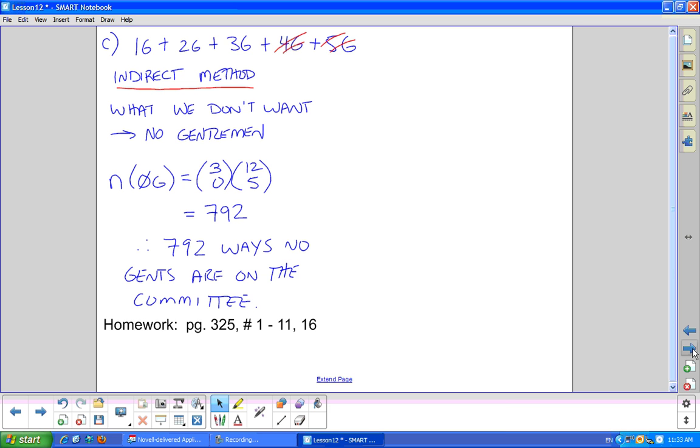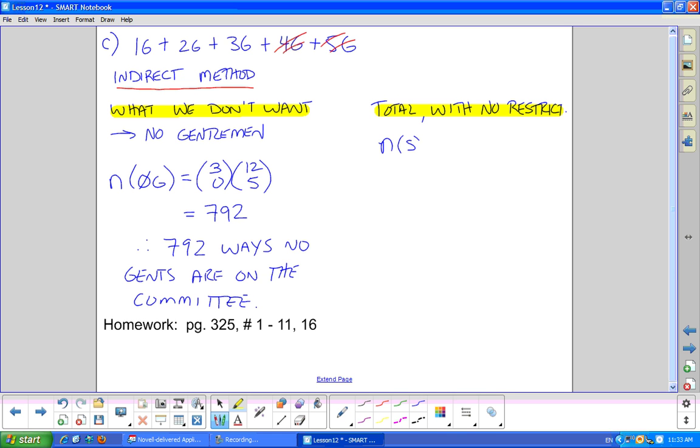So remember, there's 2 components to an indirect method. You always do what you don't want and total with no restrictions. And this has already been done for us. It's the one nice thing with probability. No restrictions. We already know that's n of s, which is 3003.